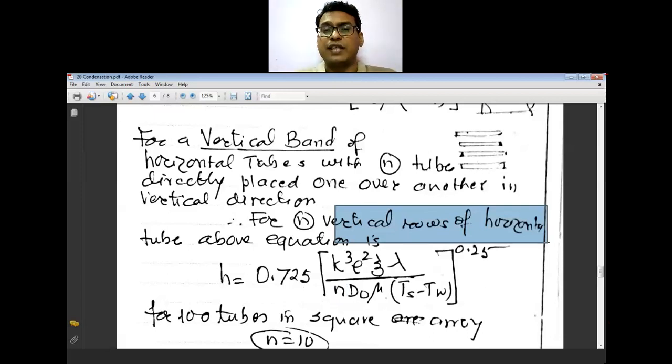That means if there are 100 tubes in a square arrangement, there are 10 columns and 10 rows.